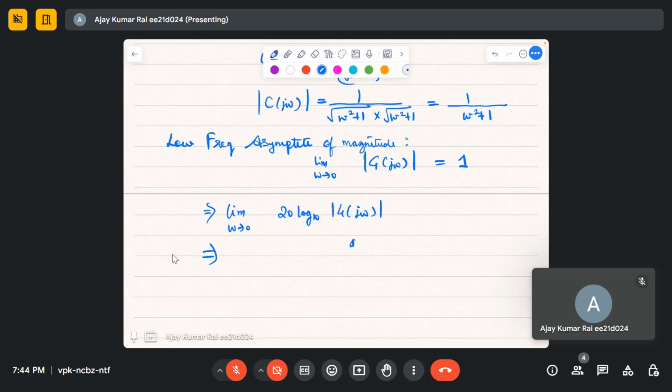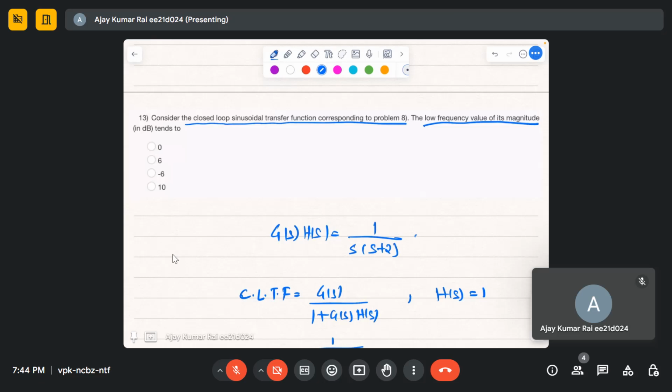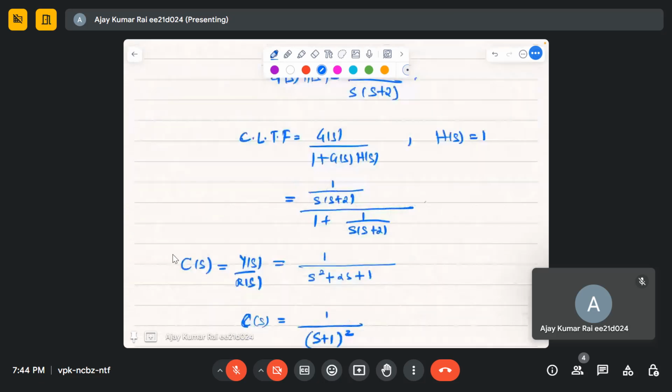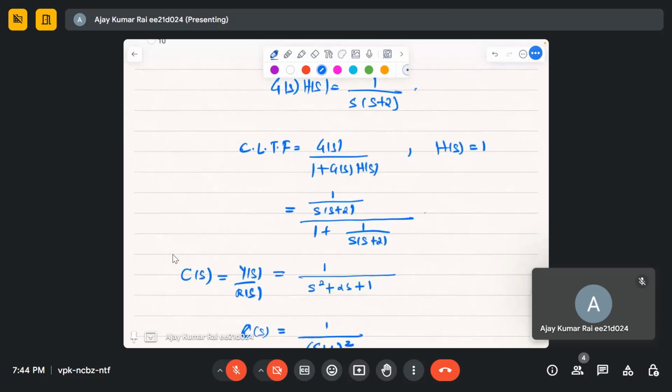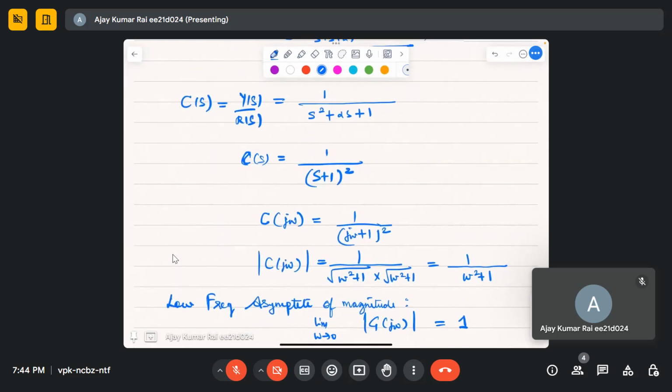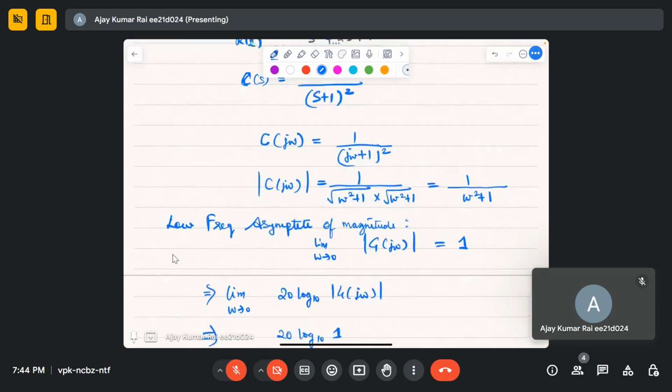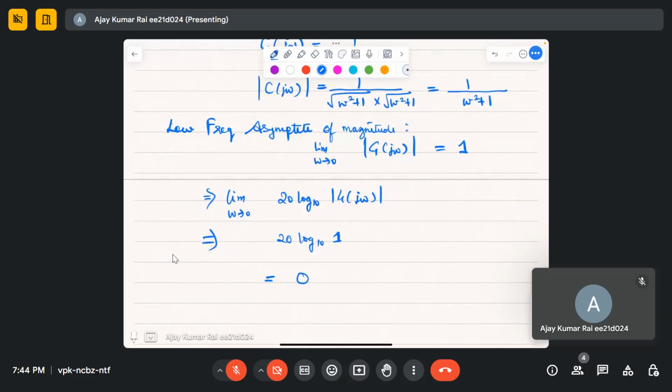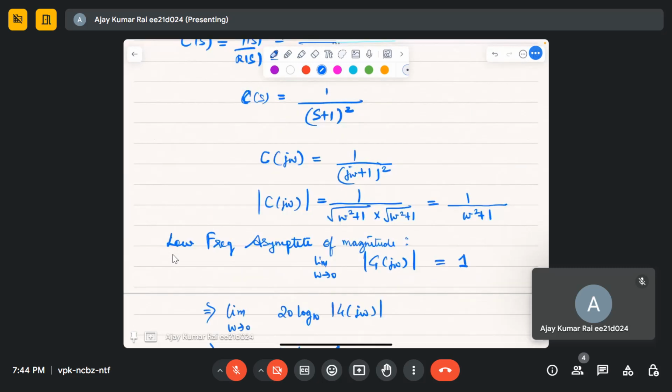At that point you'll get 20 log of 1, which is equal to 0. Okay, you're getting it? Why is it 0?